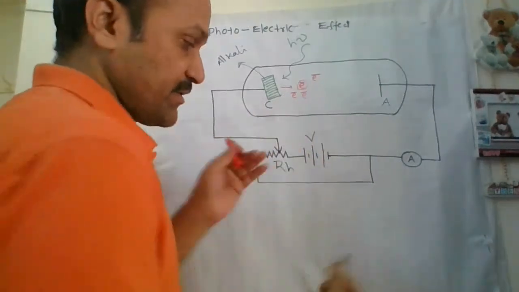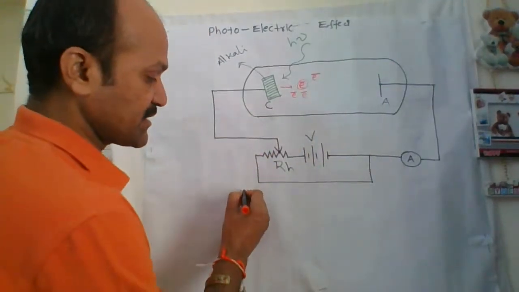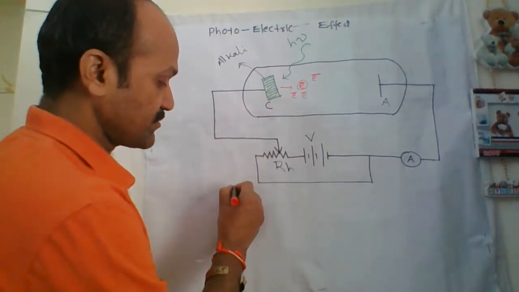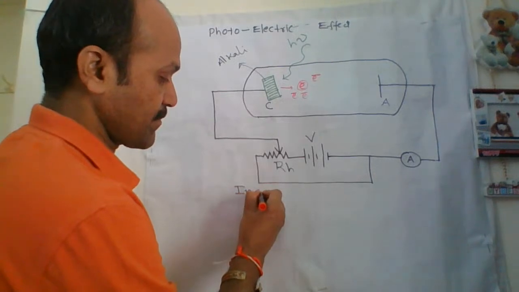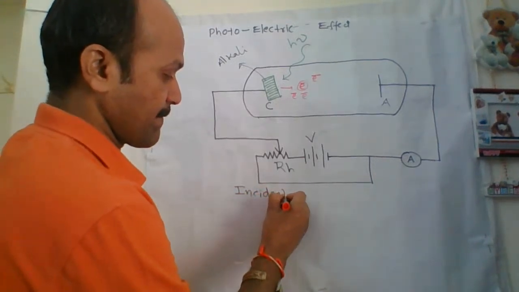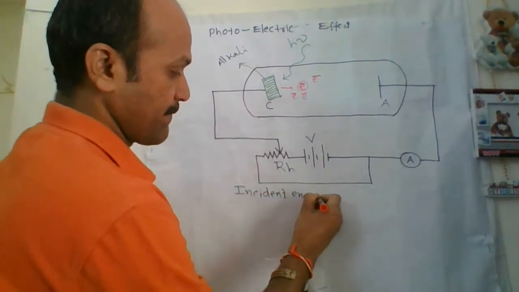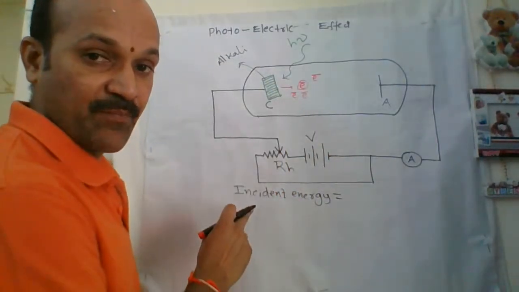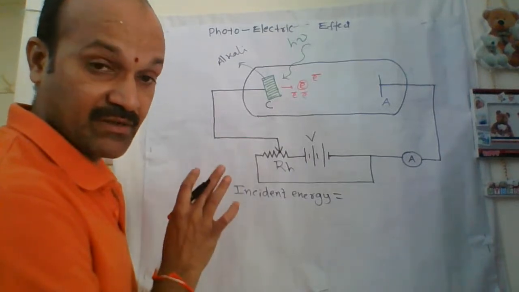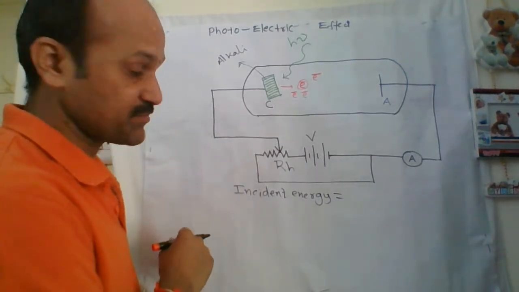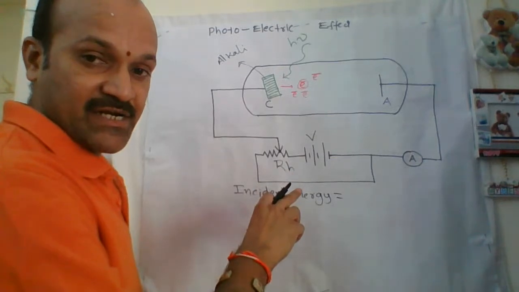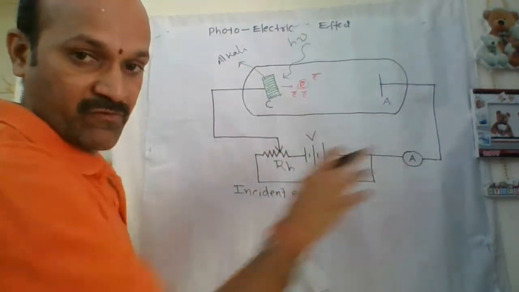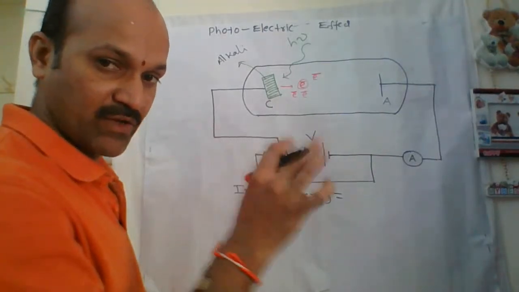So here, what is the incident energy? The incident energy is photon energy, light energy, optical energy. This incident energy is now converted so that electrons are moving with some velocity. That means they will have kinetic energy.